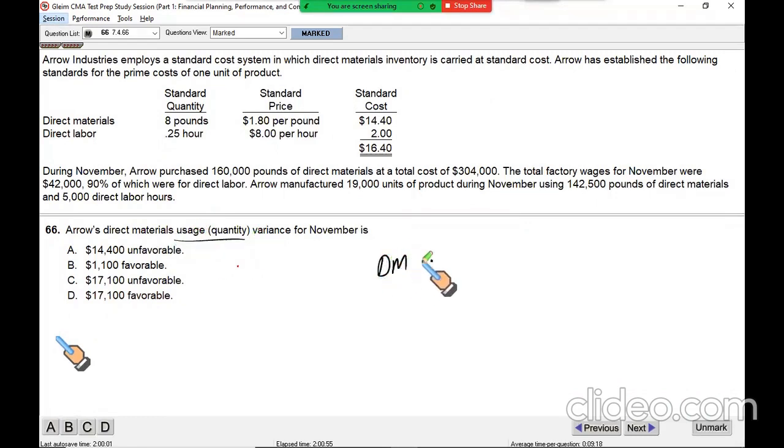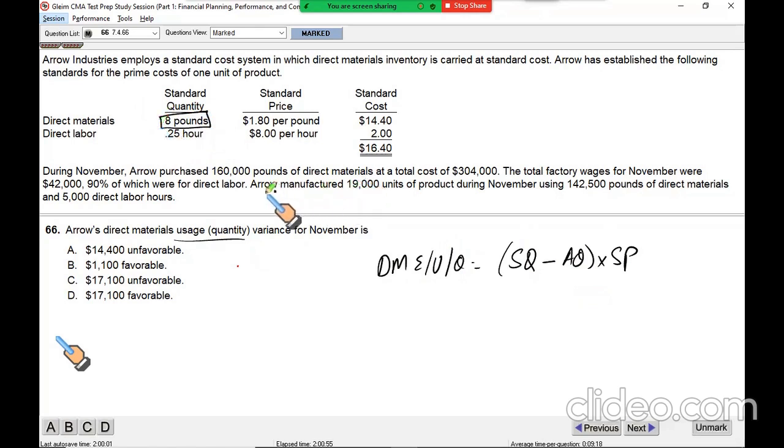Direct material usage or efficiency variance, many words are used, or quantity variance. It's equal to standard quantity we should have used minus actual quantity we actually used multiplied with the standard price. Right. Now look at this. We just need to look at the material side only. As per our standard, we should use 8 pounds on each unit. Right?